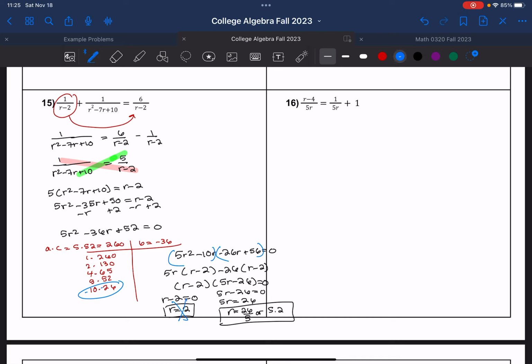Now let's check 5.2. 5.2 minus 2, that's good. That's going to work. Let's see. 5.2 here, that's just going to give us a larger number. And then this one's going to be the same as the first. So that means my answer is 5.2.